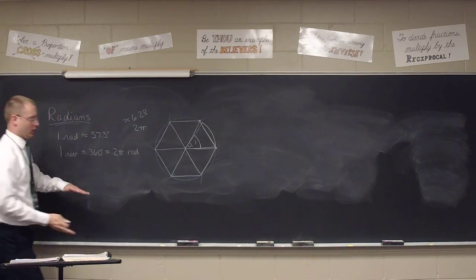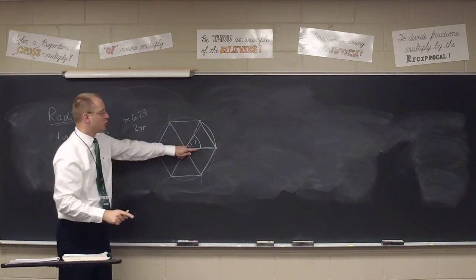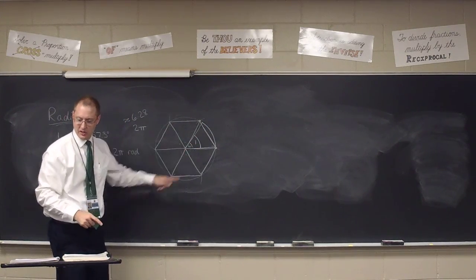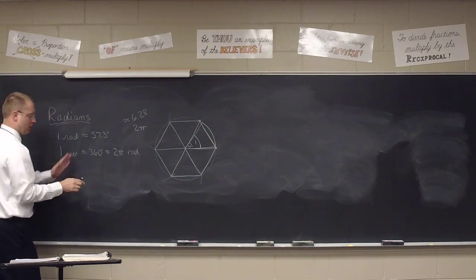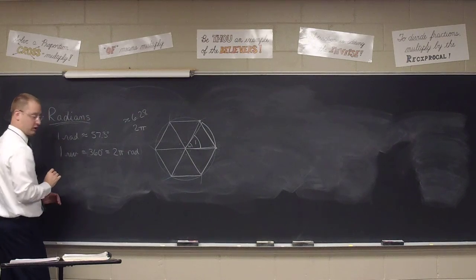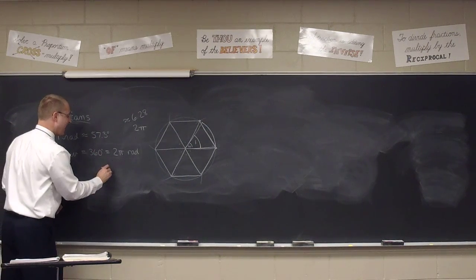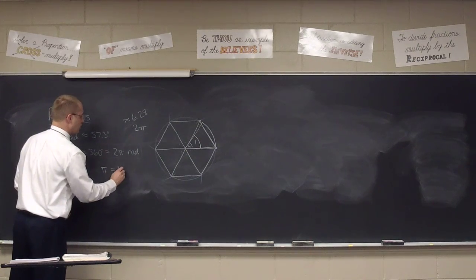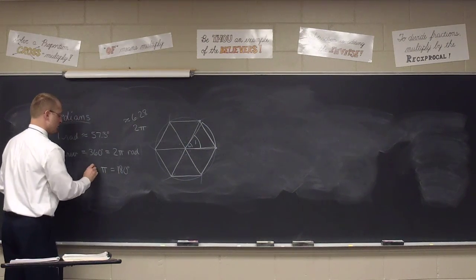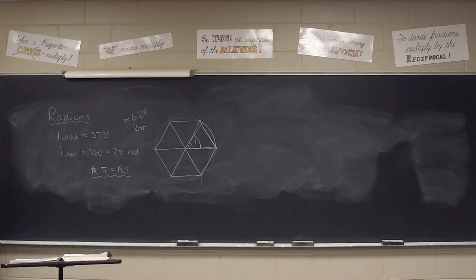So a complete turn: 360 degrees, or 2 pi radians. And if we lock in on this, then if we divide both sides by 2, we could say that pi radians equals 180 degrees. And this is a fact that we're going to use a lot: pi radians and 180 degrees are exactly the same thing.